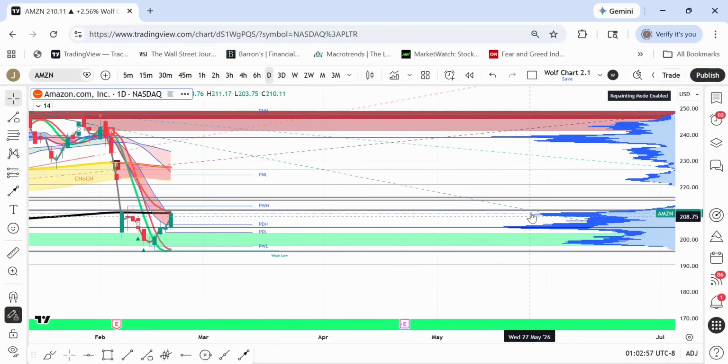Once they pass this level, which is historical resistance, one here, here, and then we've got a chop area right here. Once they really pass this historical resistance, they can shoot past right here.